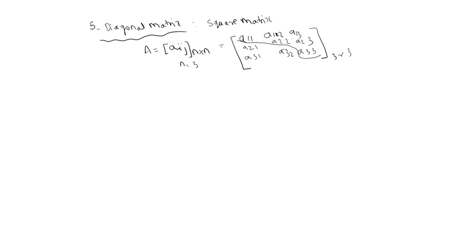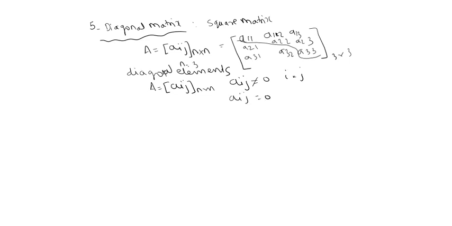So in a matrix, if the diagonal elements are non-zero and the remaining elements are zero, we call it a diagonal matrix. That is, a square matrix is said to be a diagonal matrix if Aij is not 0 for i equal to j and Aij is 0 for i not equal to j.